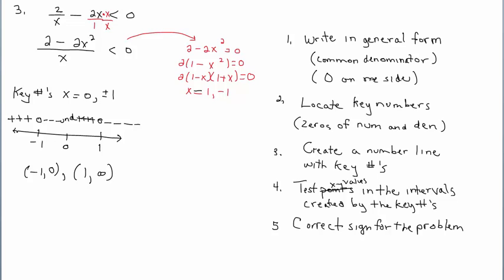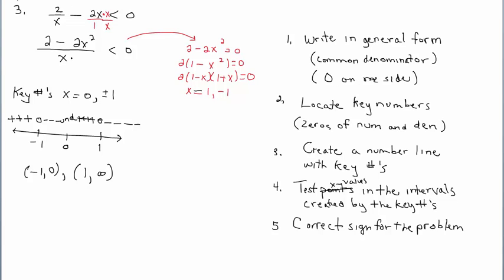All right, so we sketched all our solutions on the real number line, but we're also jumping off of that and saying, using interval notation, this is the solution for that set. So looking back, solving rational inequalities: we don't get rid of the fractions. We write in general form, getting a common denominator with 0 on one side.